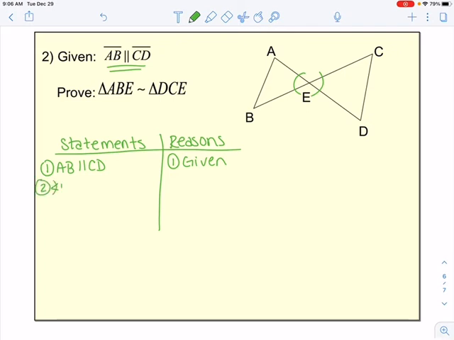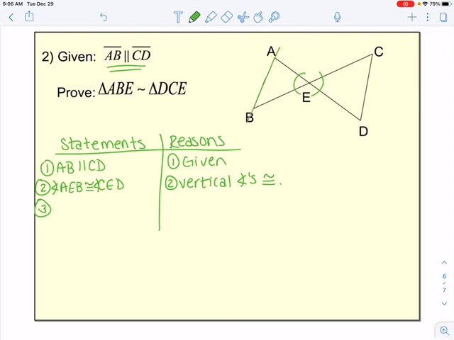So angle AEB is going to be congruent to angle CED. I've got my angle symbol, and that is because vertical angles are congruent. Okay, and now because I have my parallel lines, I'm going to be able to get another pair of angles. So what pair of angles are we going to get?